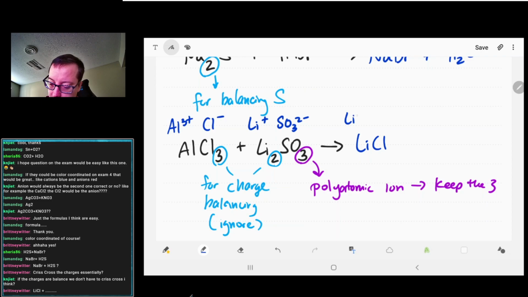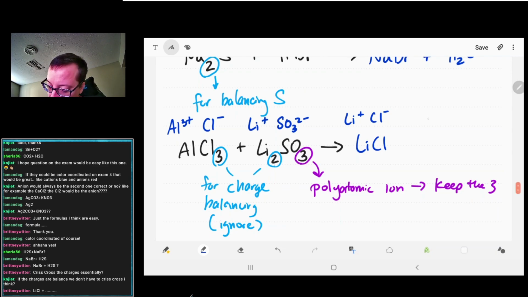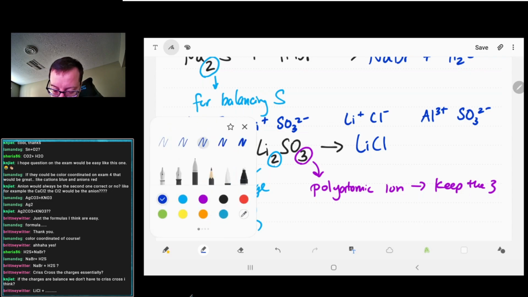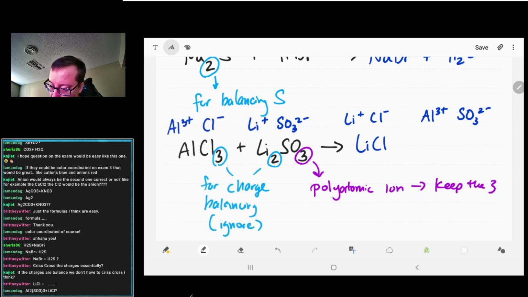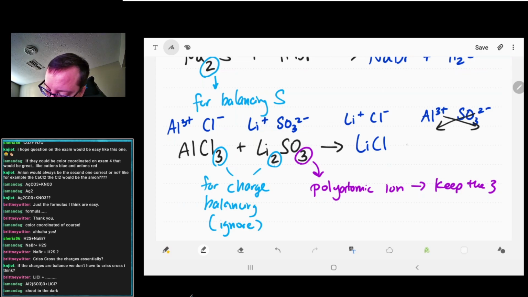So we've taken these 2 and the others cross off. And I know, Brittany, the other one is more complicated, right? So we know we're going to be combining these 2. And so we can crisscross them. Perfect. Yes, we're going to get Al2(SO3)3.